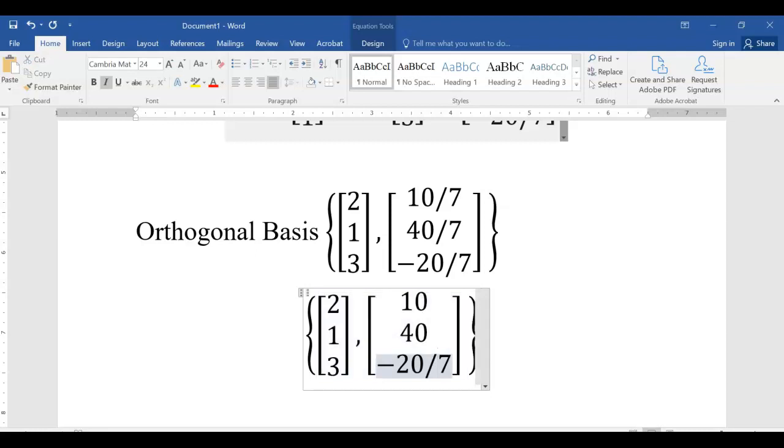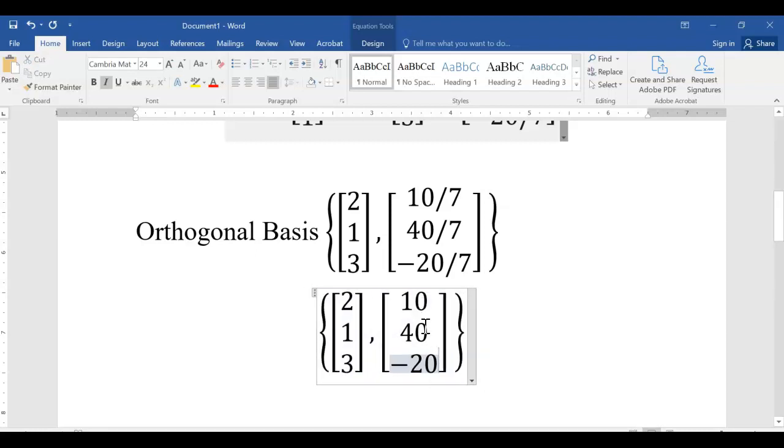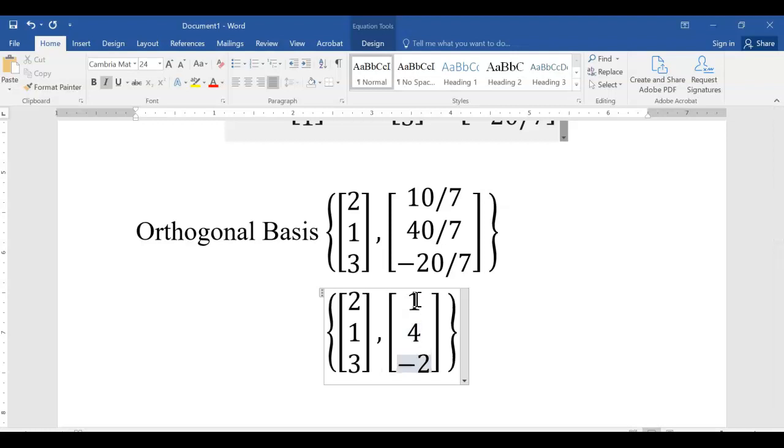You'd get 10, 40, negative 2. And in fact, you could have divided everything by a 10 or multiplied everything by 1/10. 1, 4, negative 2 will also give you an orthogonal basis.